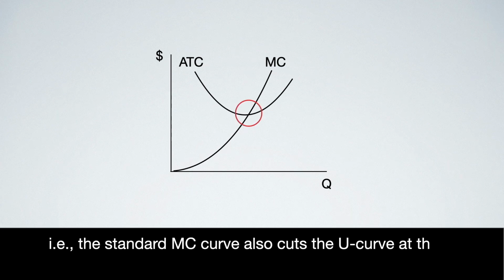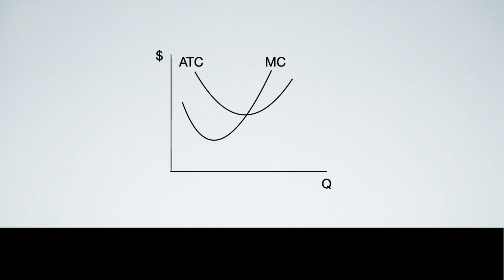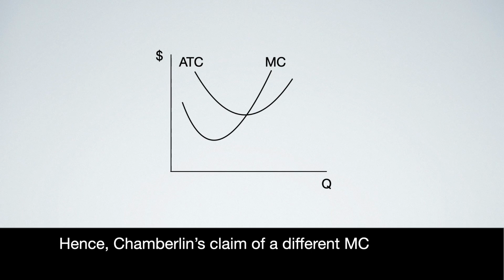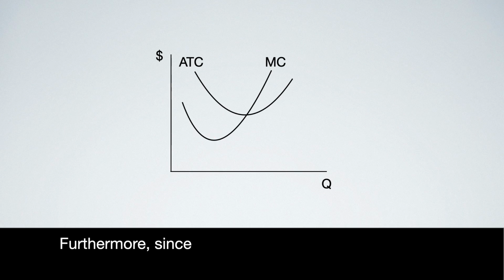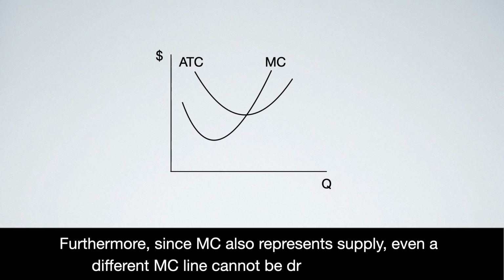That is, the standard MC curve also cuts the U-curve at the latter's minimum. Hence, Chamberlin's claim of a different MC curve is redundant. Furthermore, since MC also represents supply, even a different MC line cannot be drawn erratically.